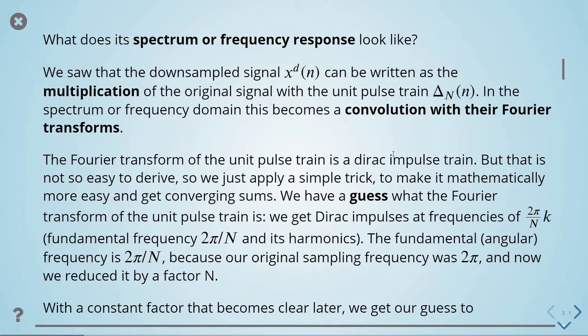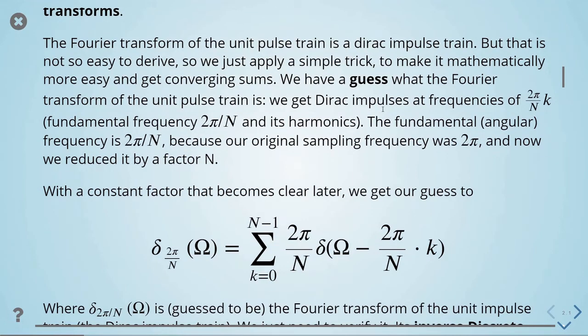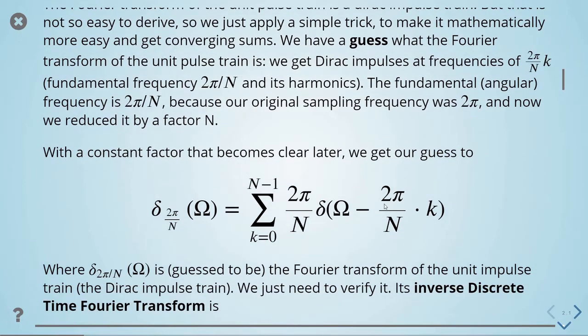We get Dirac impulses at frequencies of 2 pi divided by capital N times k. So the fundamental frequency is 2 pi divided by capital N, and its harmonics. The fundamental angular frequency is 2 pi divided by N, because our original sampling frequency was 2 pi, and now we reduced it by a factor of N. With a constant factor that becomes clear later, we get our guess in this equation.